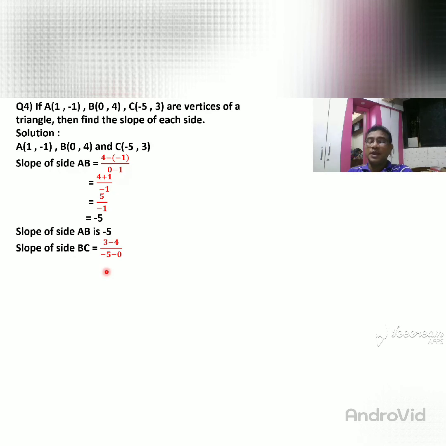Minus 5 minus 0 is minus 5. Both negative signs cancel, so you get a slope of 1 upon 5. So the slope is not the same: it is minus 5 for AB and 1 upon 5 for BC.